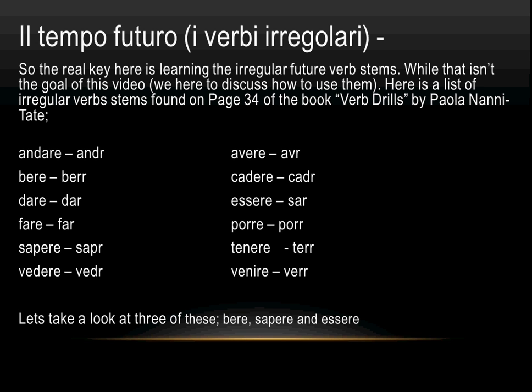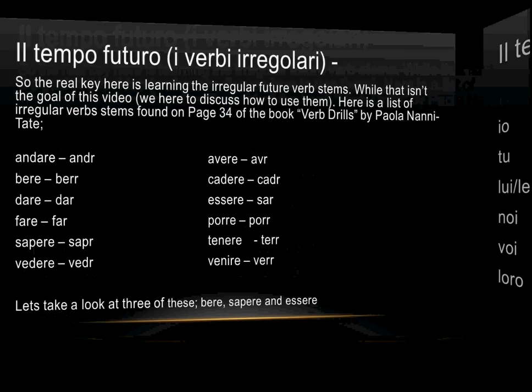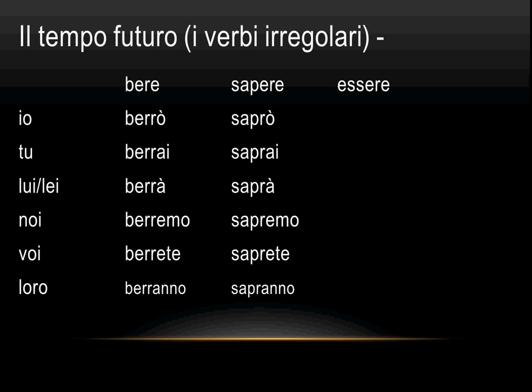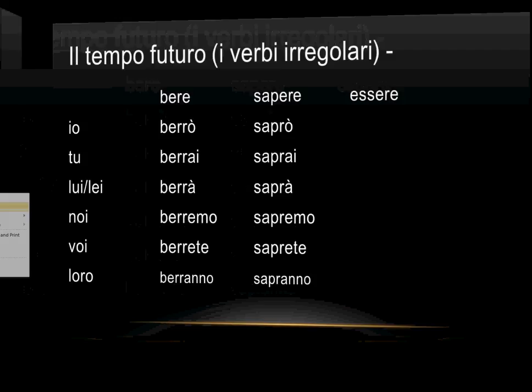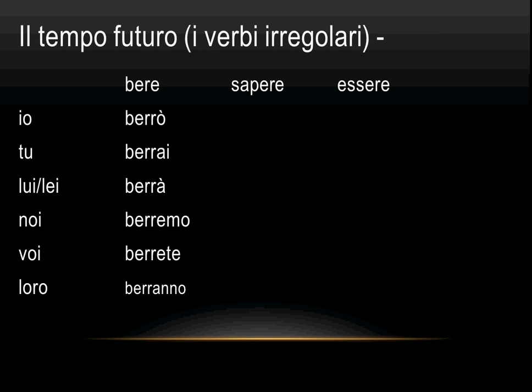Now let's take a look at three of these: bere, sapere, and essere. Let's look at the future tense for bere. If you remember, the stem for bere was berr. So we end up with berrò, berrai, berrà, berremo, berrete, and berranno.